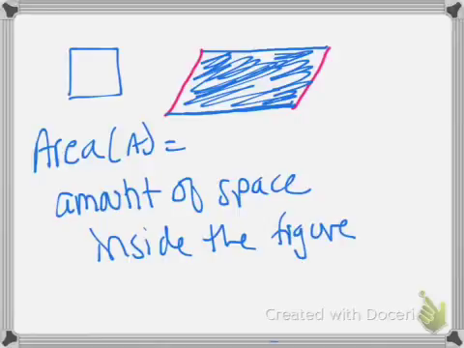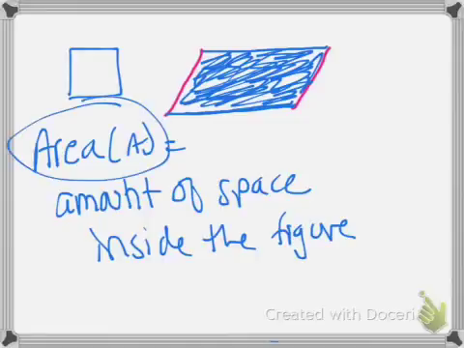I'm not obviously going to get every nook and corner, but you get the idea. When you're coloring in the whole thing, that whole amount inside of the shape is our area. And of course, like always, there's a formula for determining the area of a parallelogram.